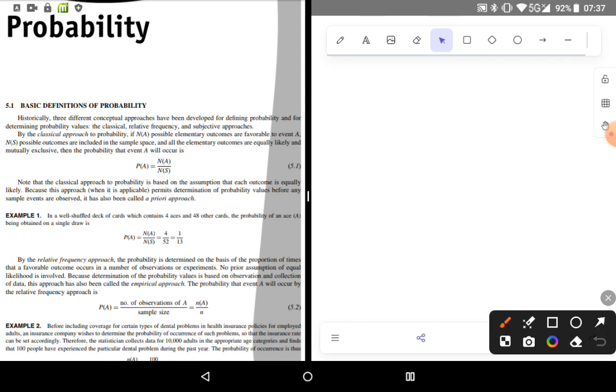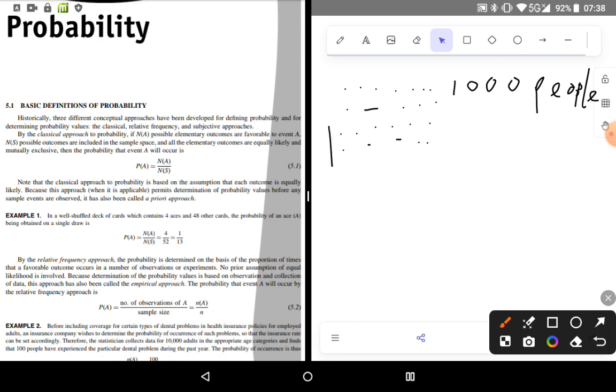So to explain that more briefly, let's say we have a population of 1,000 people. Out of this 1,000 people, I can't start counting each and every one of them.